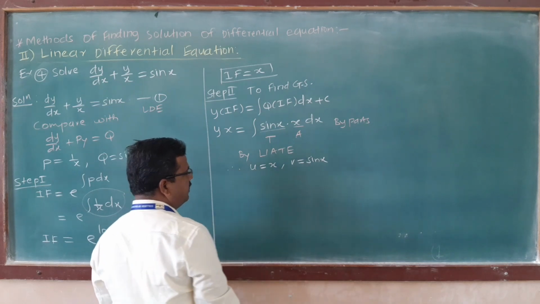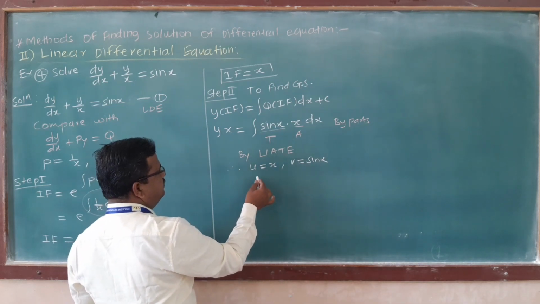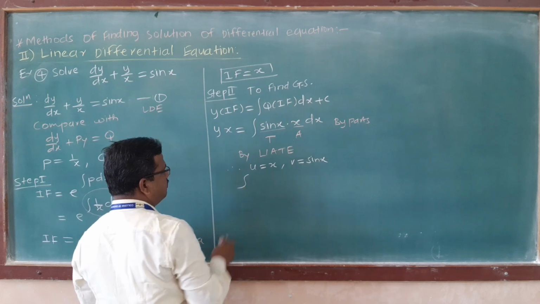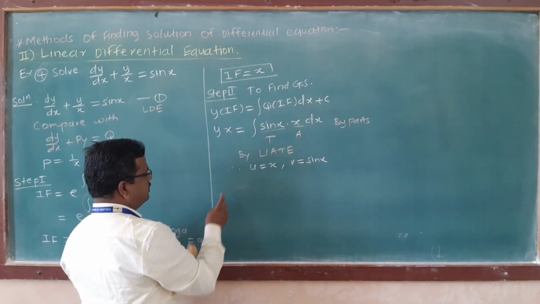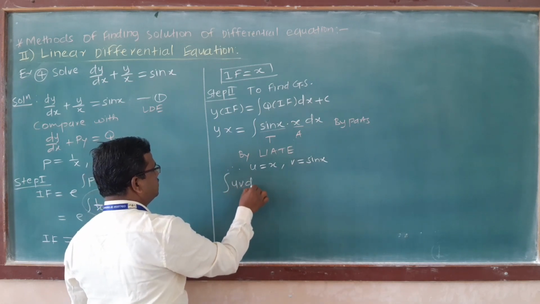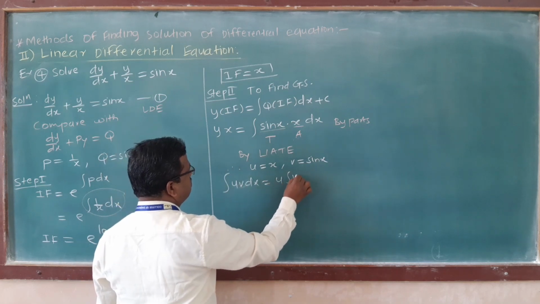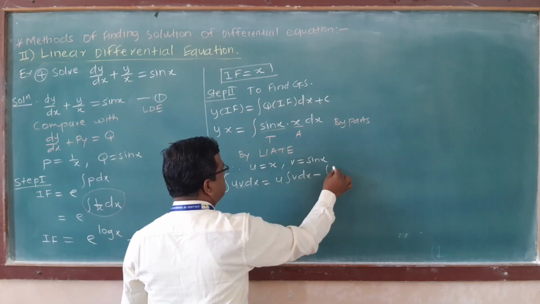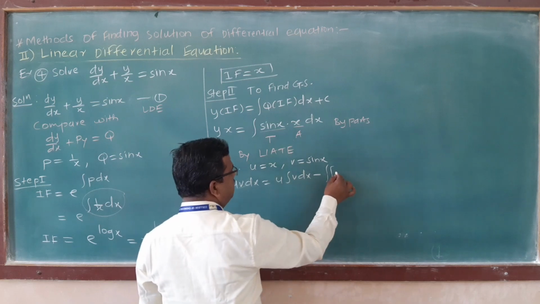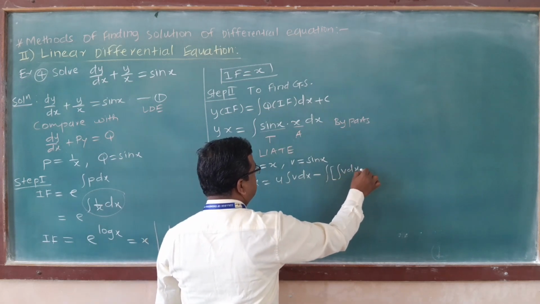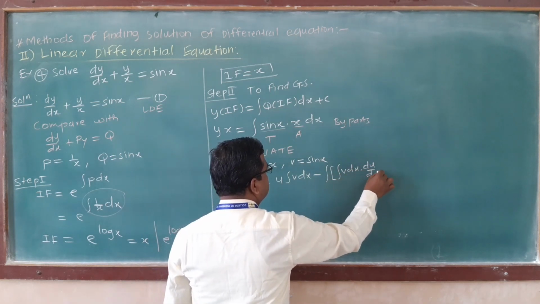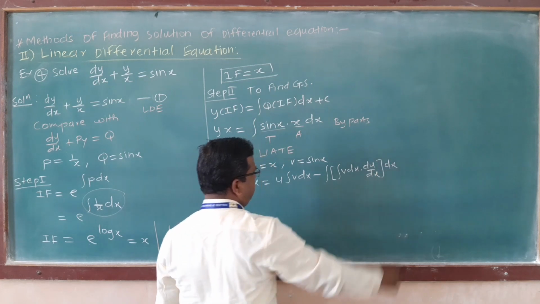And we use this formula: integration of uv dx is equal to u into integration of v dx minus integration of, square bracket, integration of v dx into du by dx, with respect to x.